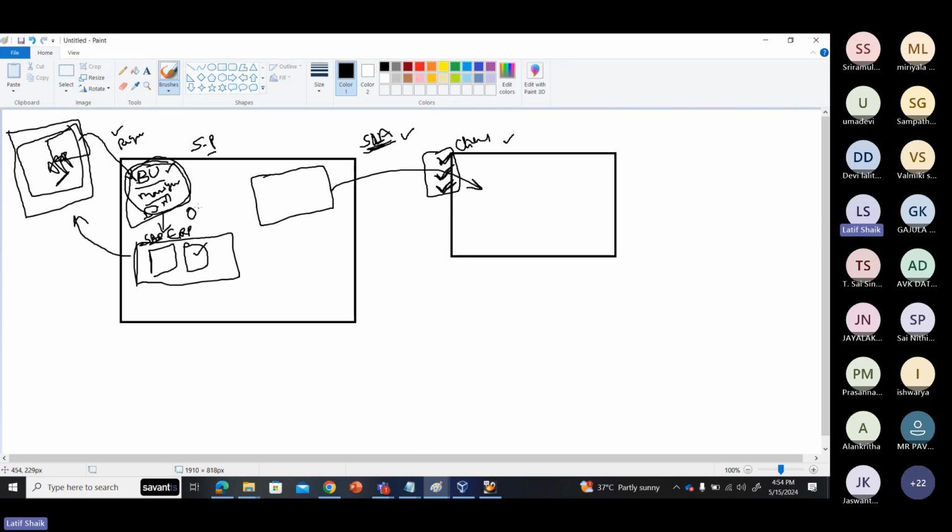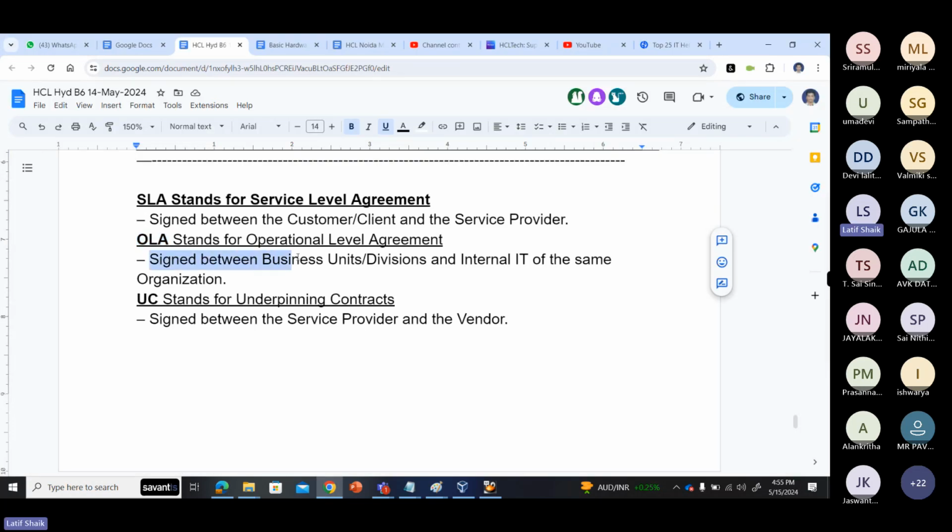In this agreement, they should complete the project with these conditions in this particular timeline. This agreement between these two teams is called an OLA, operational level agreement, signed between business units or a division and the internal IT of the same organization.